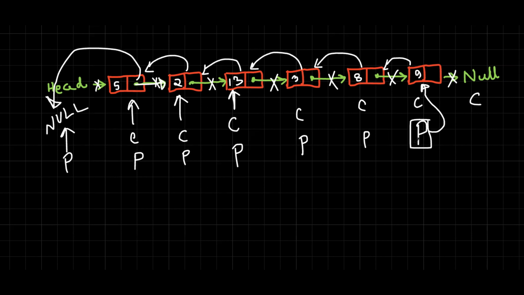That means this previous pointer is indicating the new head. So after completing the iteration, we have to simply return the previous pointer, and this new head contains the linked list that is the reverse form of the original linked list. I hope you understand the algorithm. Now let's move on to the code.